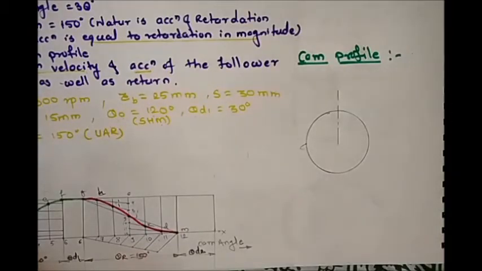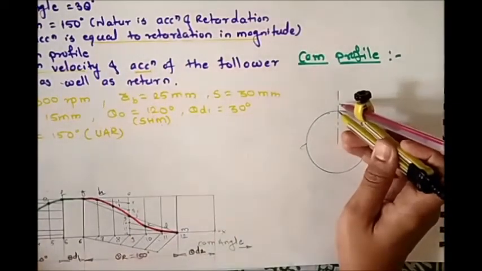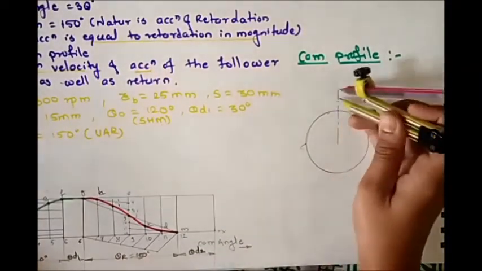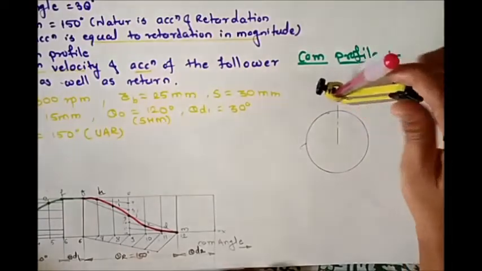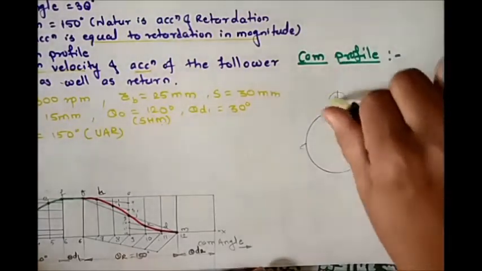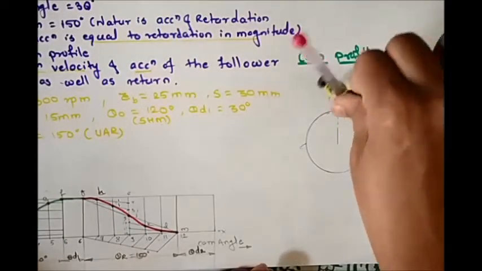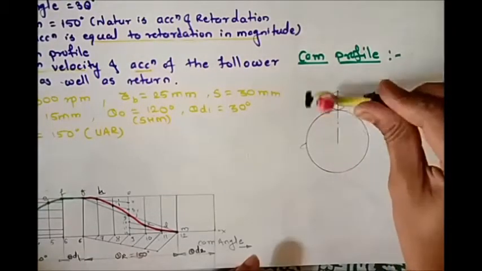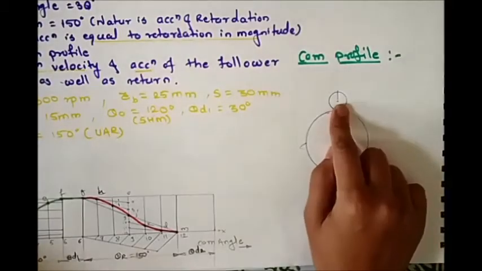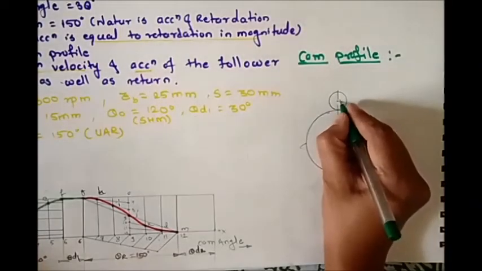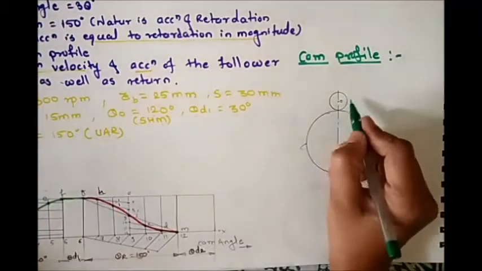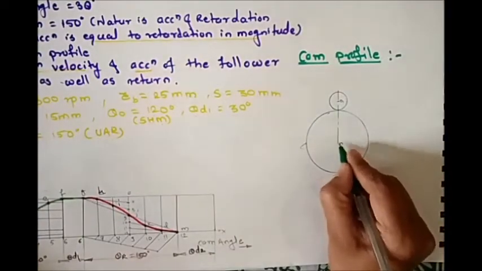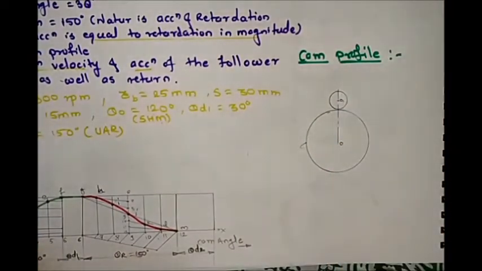So let's take that distance 7.5 in your compass and draw a roller, which is a reciprocating follower with this cam profile. So here we have drawn the roller by taking radius equal to 7.5 mm. So O1 is the center of the roller and O is the center of the cam.